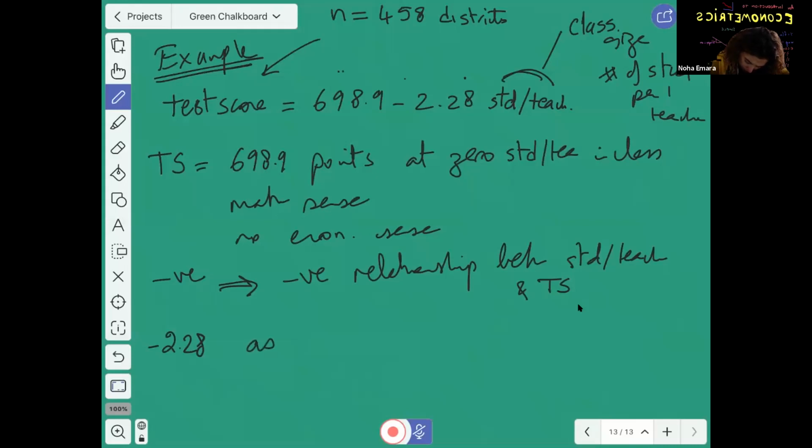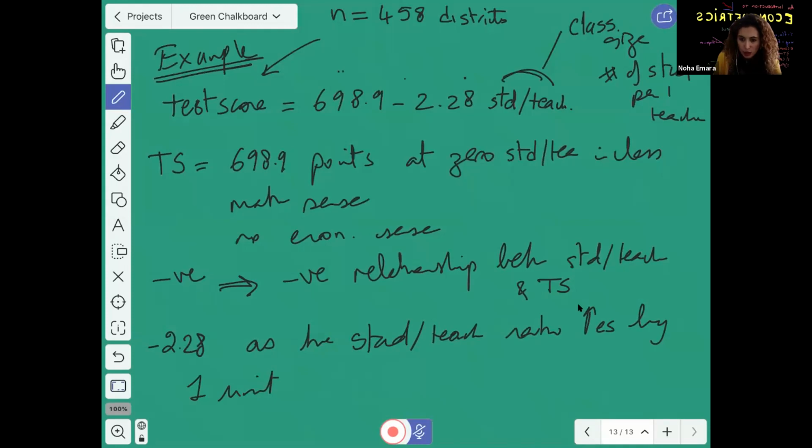as the student teacher ratio increases by 1 unit, and the unit here is a student, right? As I have an additional student in class, so this is the unit of measurement for a student-teacher ratio.